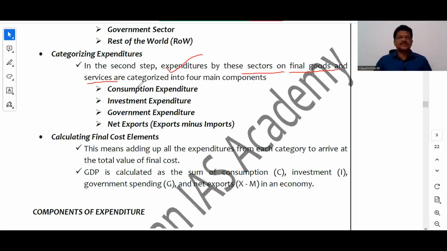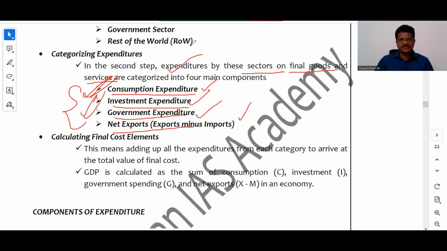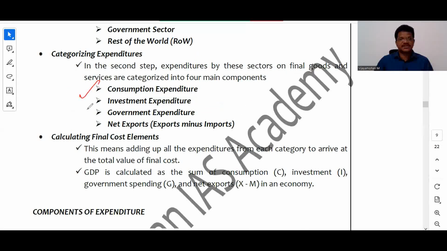And they are categorized into actually కన్జంప్షన్ ఎక్స్పెండిచర్ అంటే కేటగరైజ్ చేయాలి. దేనికోసం జరుగుతుంది, కన్జంప్షన్ కోసం జరుగుతుందా, ఇన్వెస్ట్మెంట్ కోసం జరుగుతుందా అనేది మనం కేటగరైజ్ చేసుకోవాలి. సో it will be categorized as 4 items: consumption expenditure, investment expenditure you need to categorize, and government expenditure ఏ కాంపోనెంట్ లో జరుగుతుంది, and net exports. So these are the 4 categories. You need to categorize the expenditures, right? Consumption expenditure, investment expenditure, government expenditure, net exports.